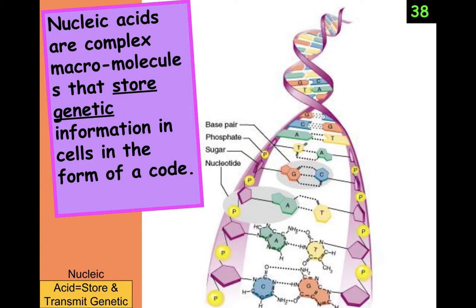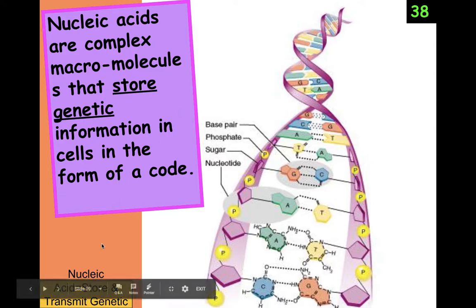Let's start. So nucleic acids are complex macromolecules. Remember, a macromolecule, a big molecule, something that stores genetic information in the form of a code. There'll be much more of this in AP biology, which I hope you take, but for now, this is what you need to know.